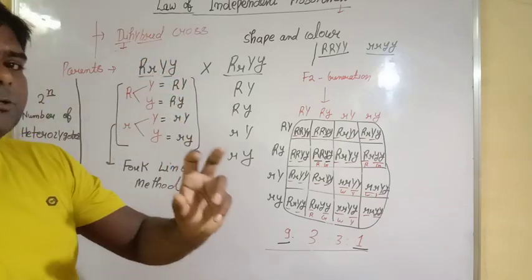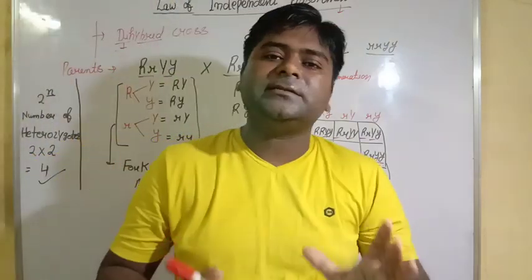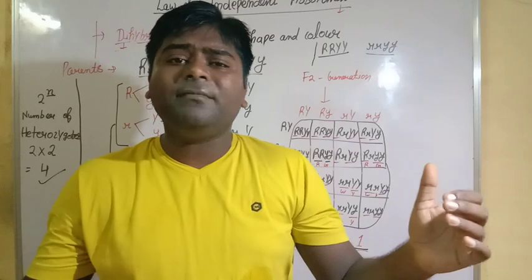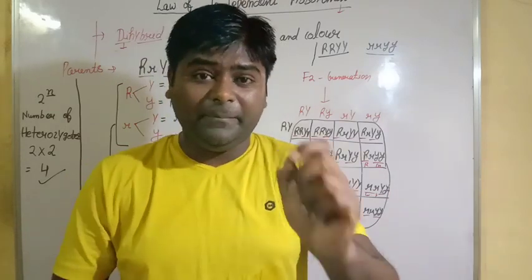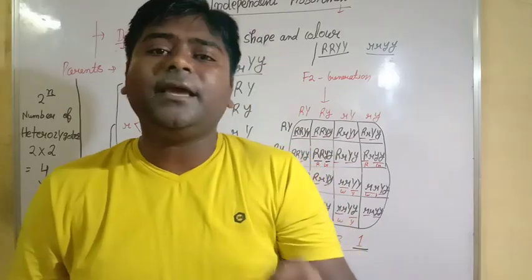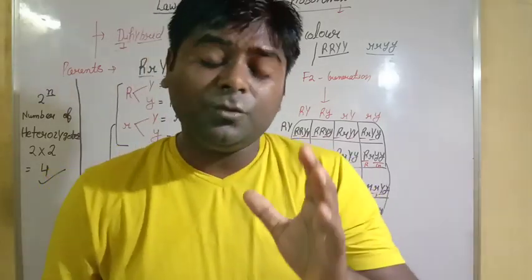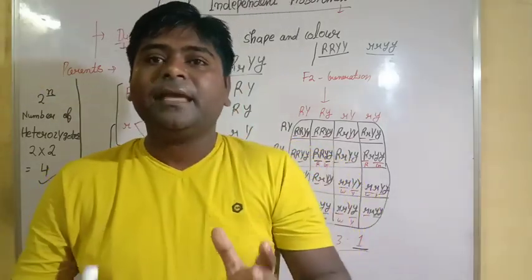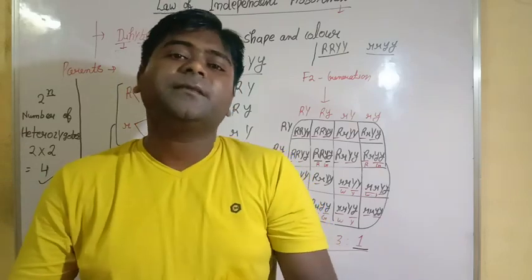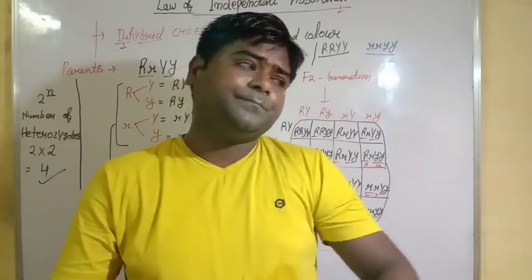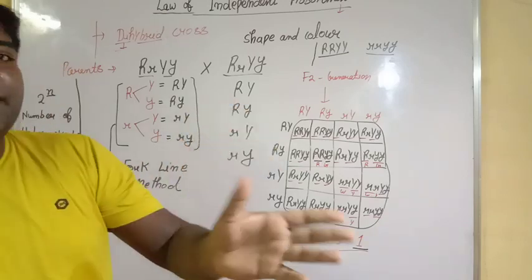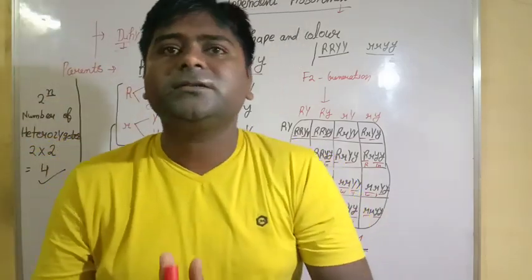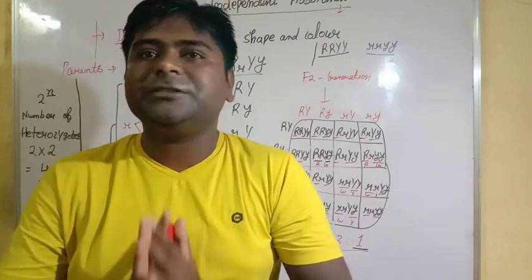According to the law of independent assortment, whenever we have the mixing of 2 characters, remember I am focusing on these words, 2 characters, the characters are able to separate and able to assort in successive generations.